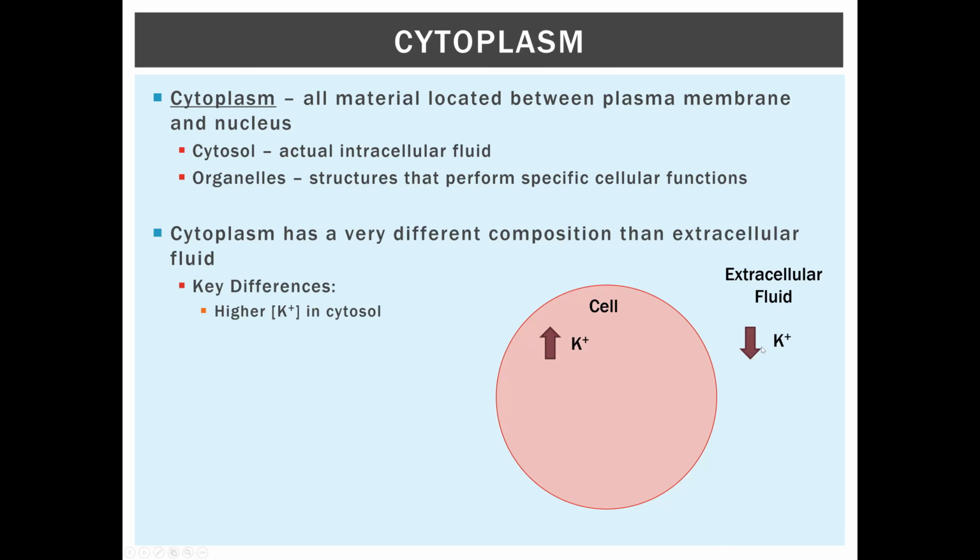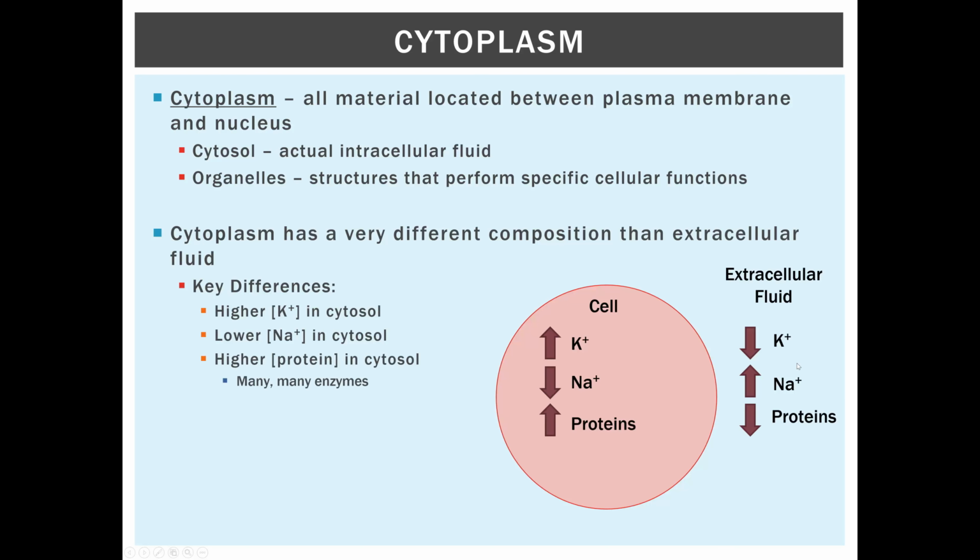And this wouldn't, by the way, be possible without the plasma membrane. The plasma membrane separating the cell from the outside is what allows for these differences. Also note that the inside of the cell has lower sodium concentrations than the outside of the cell. So the cell is higher in potassium but lower in sodium than the outside.